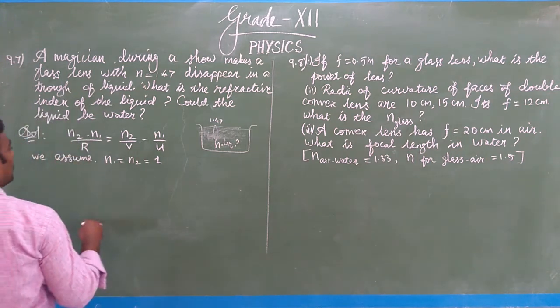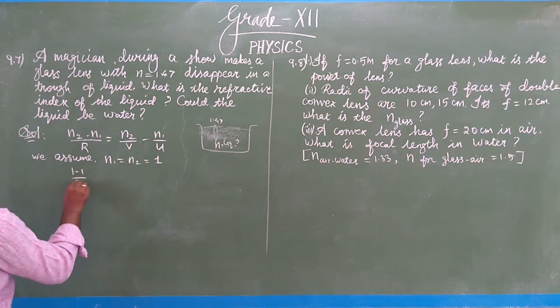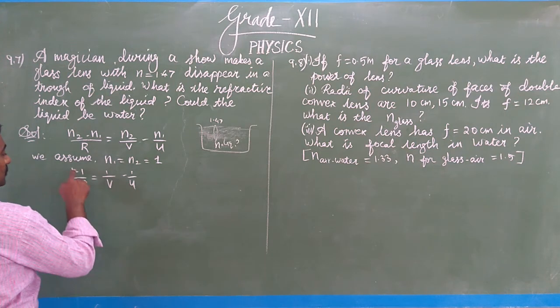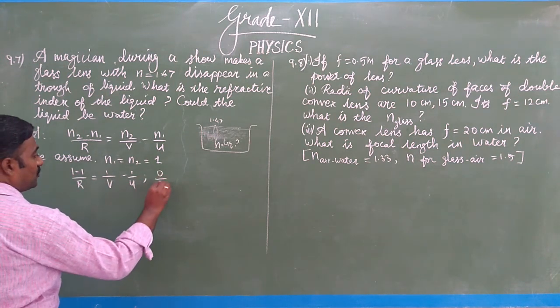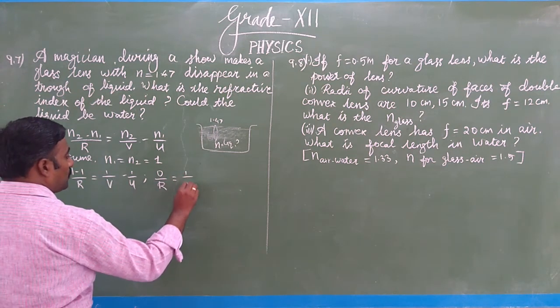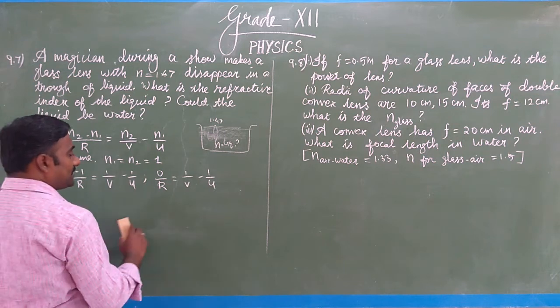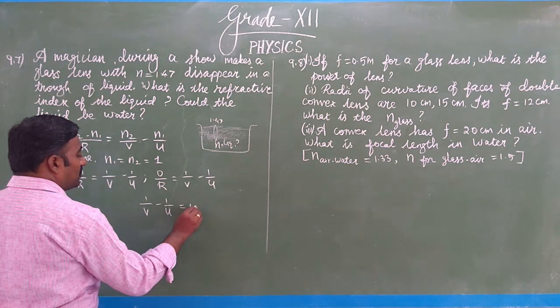Then substitute in the formula. So (1 minus 1) by R is equal to 1 by V minus 1 by U. So it becomes 0 by R, which is equal to 1 by V minus 1 by U. 0 by anything is 0 only. So 1 by V minus 1 by U is equal to 0.